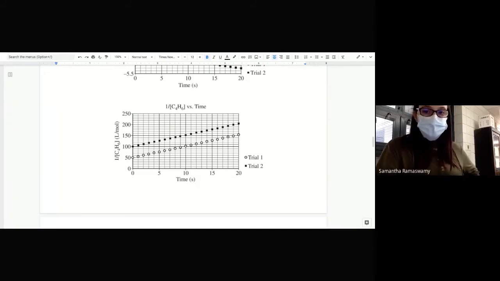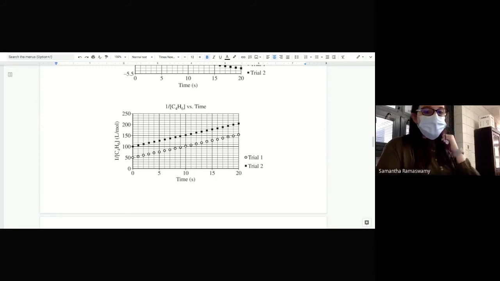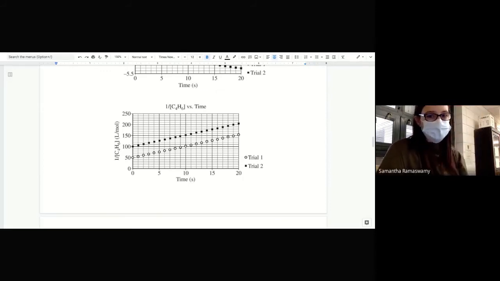But you could have estimated the best you could to get the slope. Remember that the rate constant must always be positive. If you wanted the slope, you just pick 2 points. If you picked this point, maybe 155 at 20 seconds and 50 at 0 seconds, you could have solved.